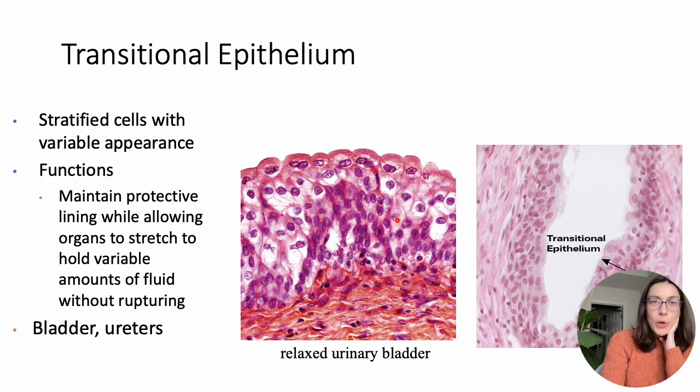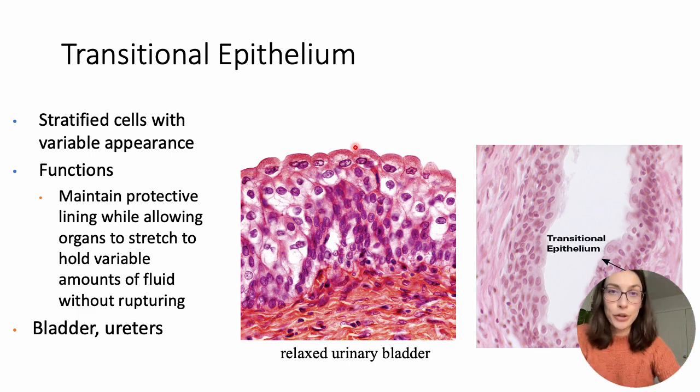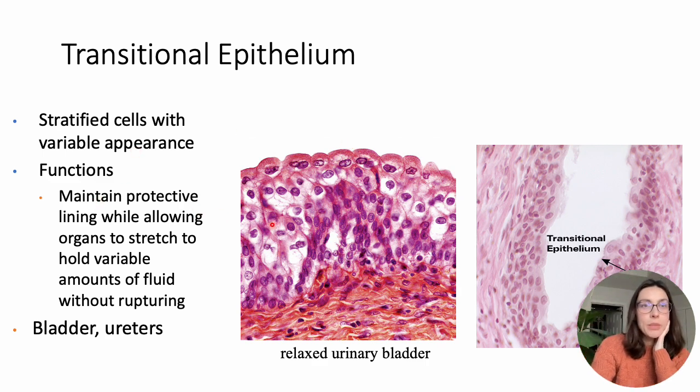So if you see a tissue that has this kind of structure where it looks like it's many layers, but it's not squamous, and the top has this balloony shape, then it will be transitional epithelium, and it is only found in bladder, ureters, and the top part of the urethra. So it maintains protective lining and allows it to stretch.